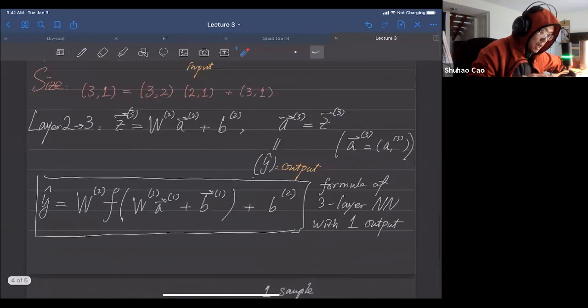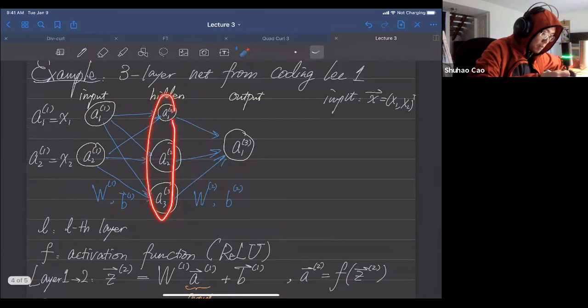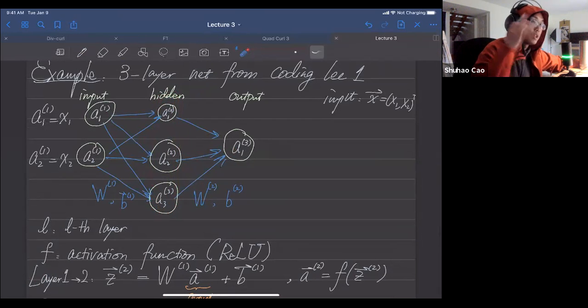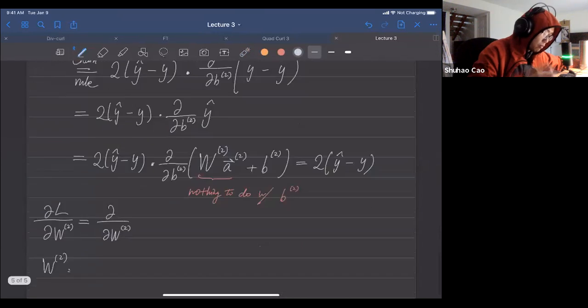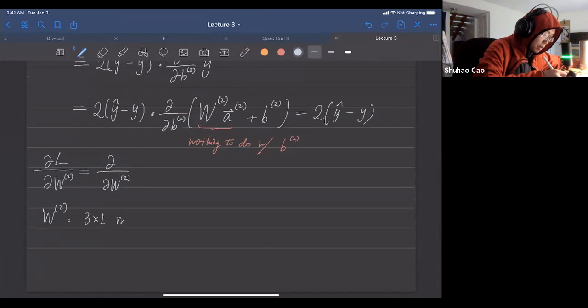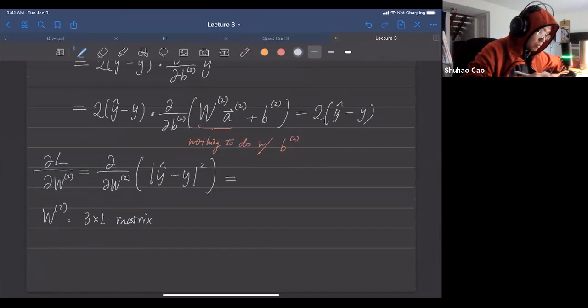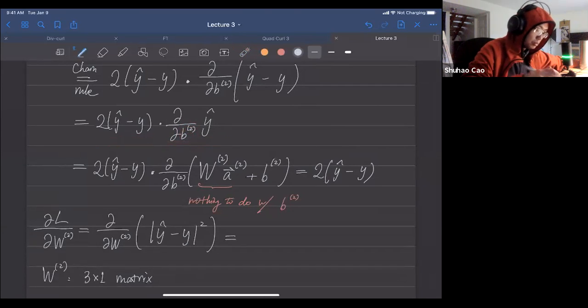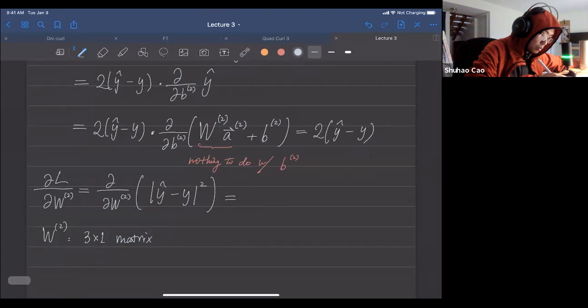If we look back, W2 is a weight matrix that maps a 3x1 vector to a 1x1 vector. So it should be a 3x1 matrix. And it is (y hat subtract y) squared. Everything is the same, we follow exactly the same step. This has nothing to do with W2, so everything follows this step. We change this B2 to W2.